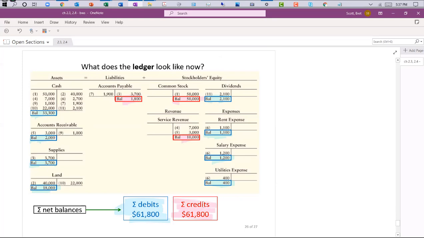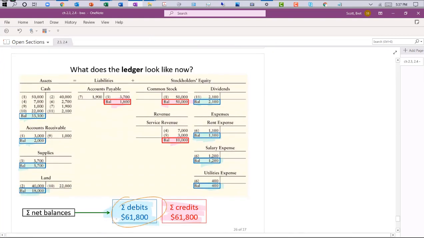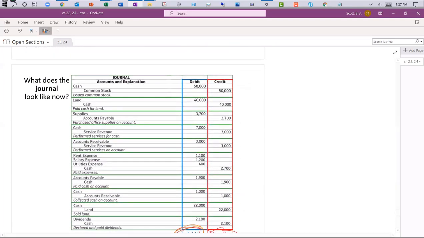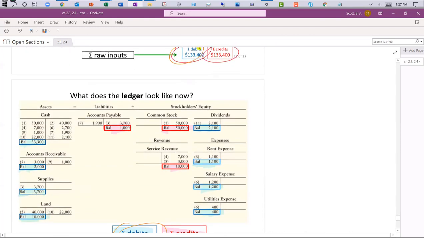One thing to keep in mind is some people ask me, why don't these total debits equal total debits and credits equal credits? The reason is that what you see up above are just raw inputs on the debit side. The sum of all those things in yellow equals 1,334,400.